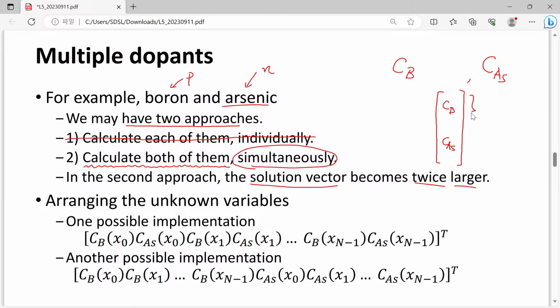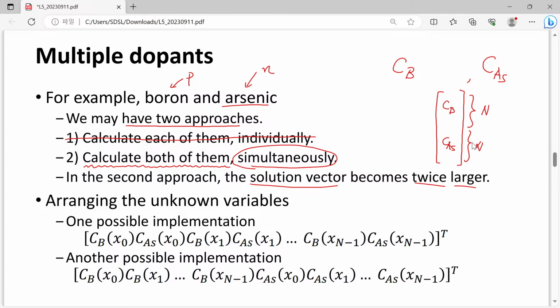Let's say that there were n unknown variables. Now we have to consider 2 times n unknown variables. So simply speaking, our computational burden will be increased by introducing these cases.